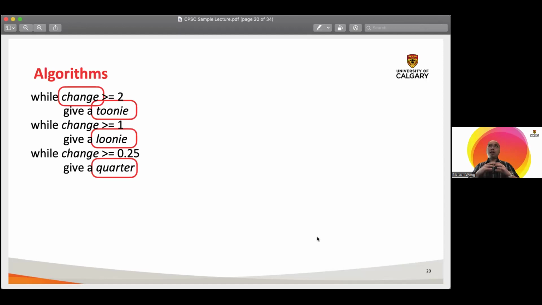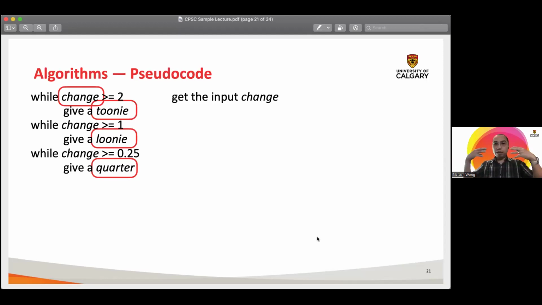It is still in text form, but it is detailed enough that we can eventually translate pseudocode to any kind of programming language we want. Okay, so to do that, we first simply need to get the input, okay, to see what change we need to give back to the customer, right?